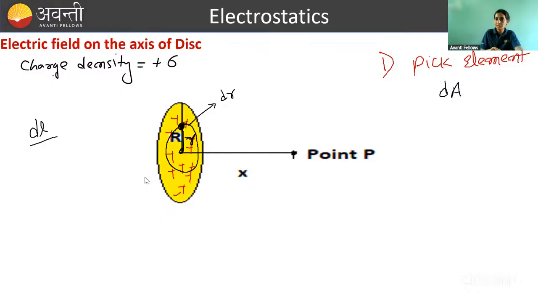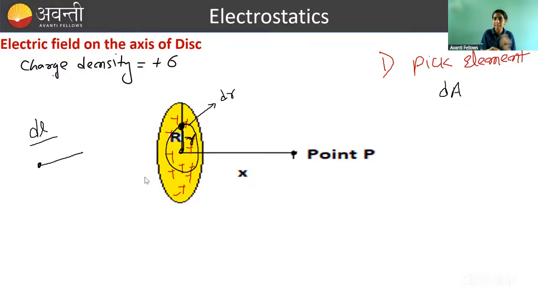Whatever charge is in a small length, that charge will act as a point charge. And for the point charge, we already know what is the electric field at certain distance.